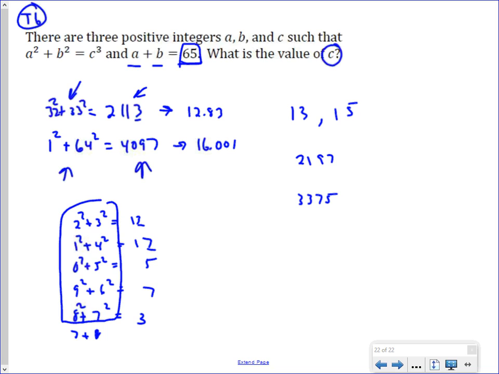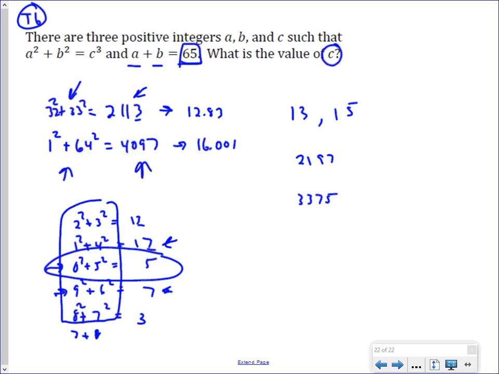So if I wanted to find one that ends in 7, I've got to do things like 31 and 34, or 21 and 44, or 11 and 54, or I need to do them as these. If I wanted to end in 5, it has to be this. Well, it actually becomes very easy to verify that it cannot end in 5, because that's the only way to do it.